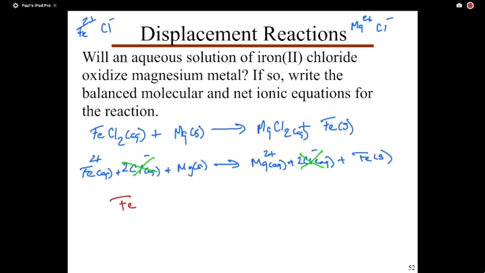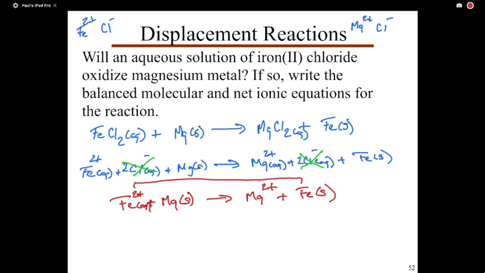So the reaction is Fe 2 plus, magnesium solid, that was aqueous, yields magnesium 2 plus, iron, that's a solid. Iron and magnesium.